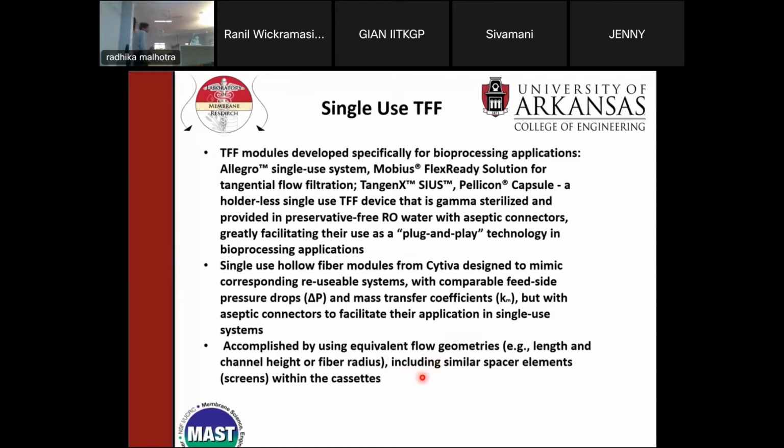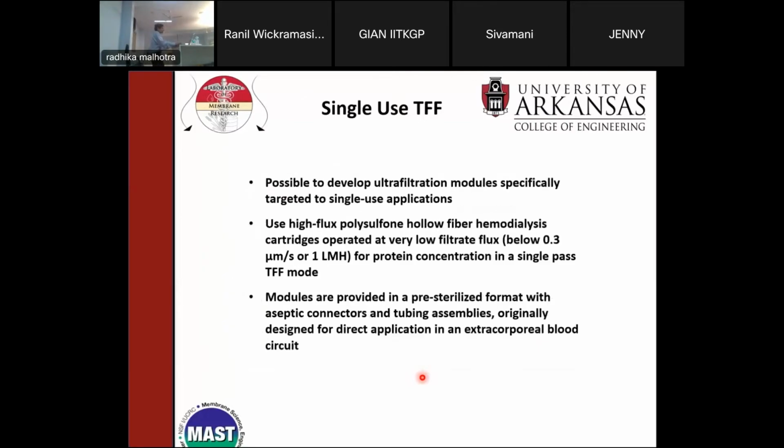And these are all available. With a single-use device, it's possible to develop ultrafiltration modules specifically targeted to single-use applications. They use polysulfone hollow fiber hemodialysis cartridges operated at low filtration for protein concentration in single pass.